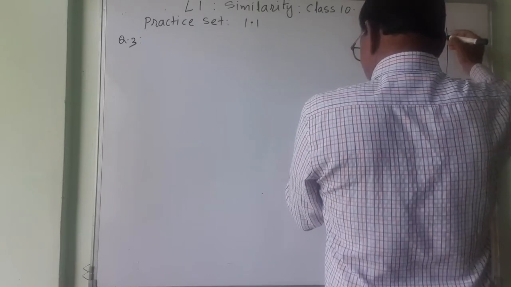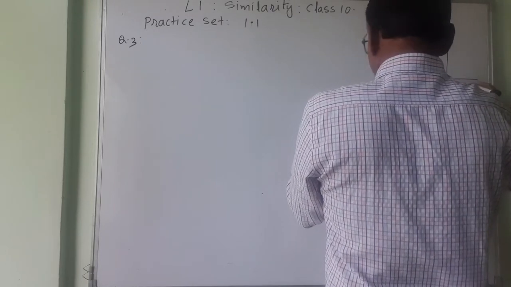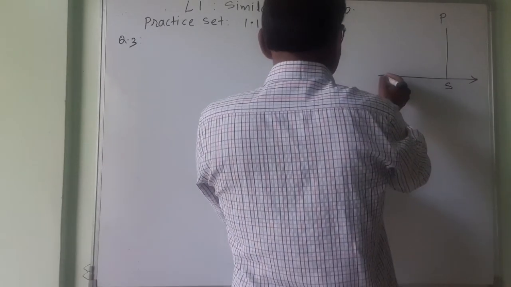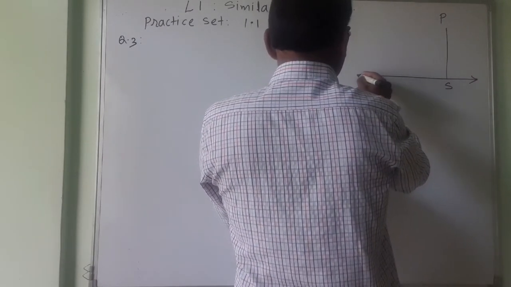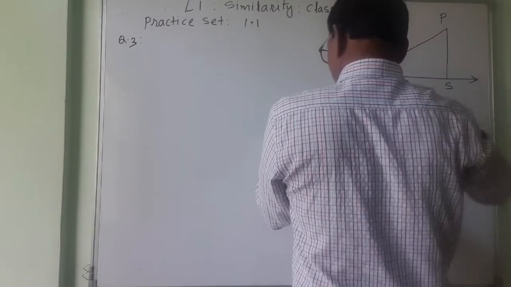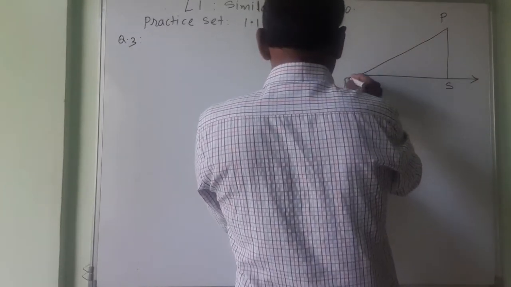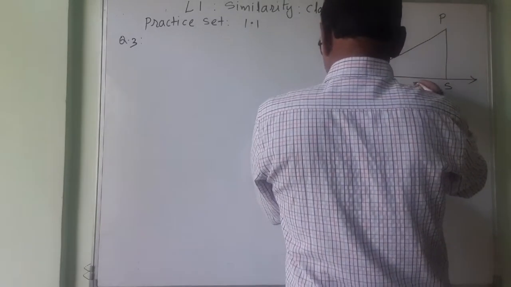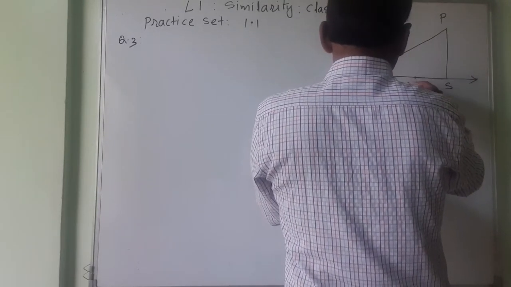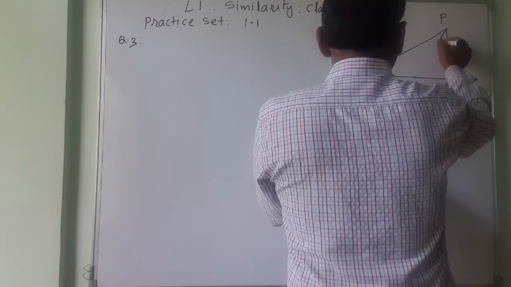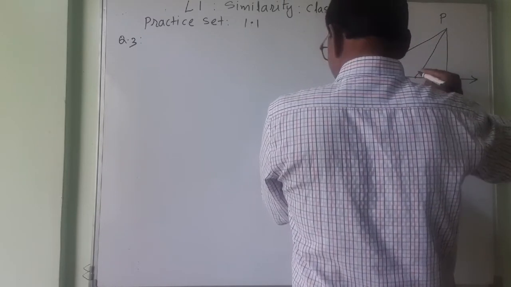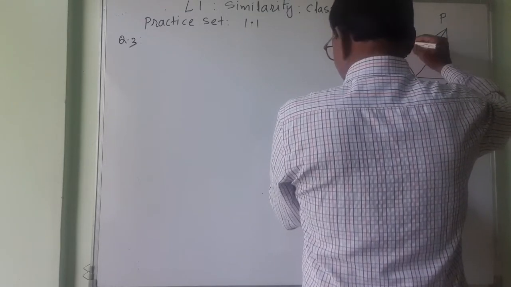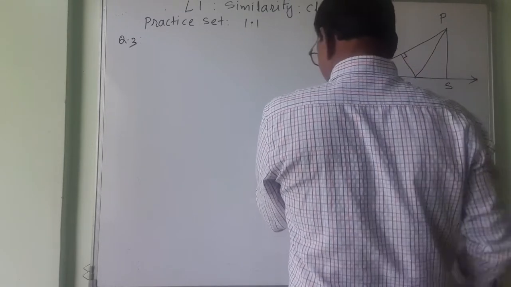This is P, this is S, this is R, there is one point Q over here, join this, and from this a perpendicular is drawn, T.